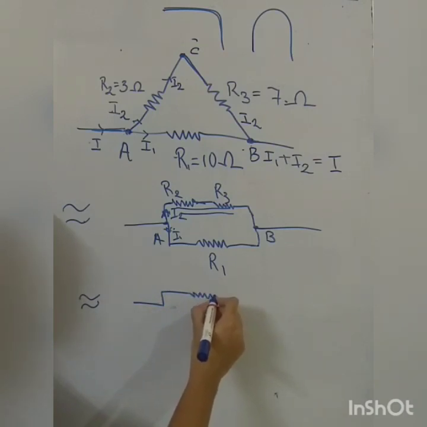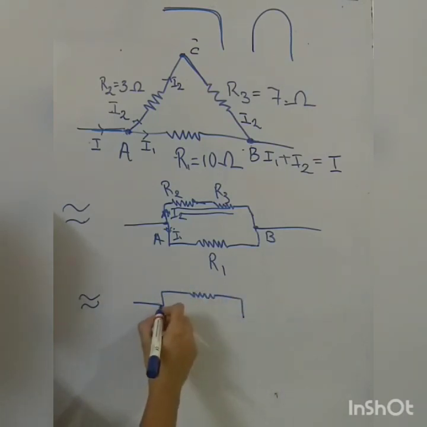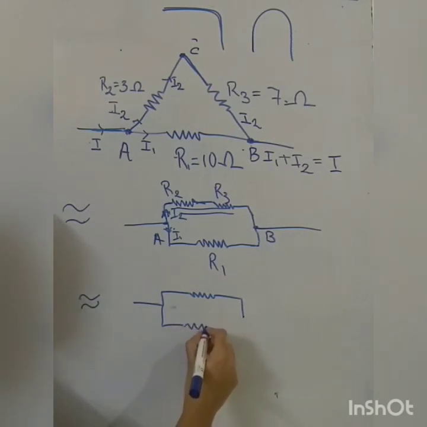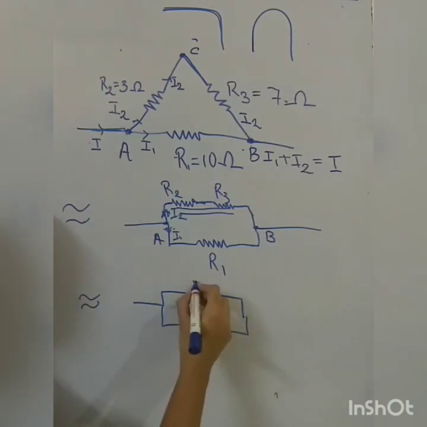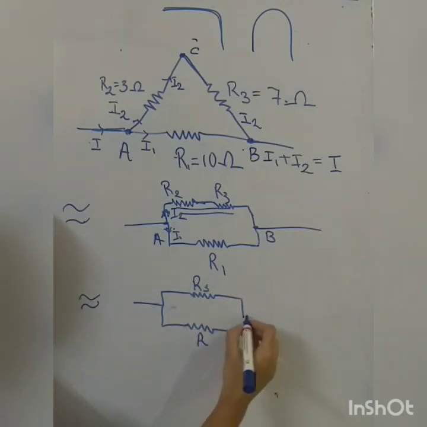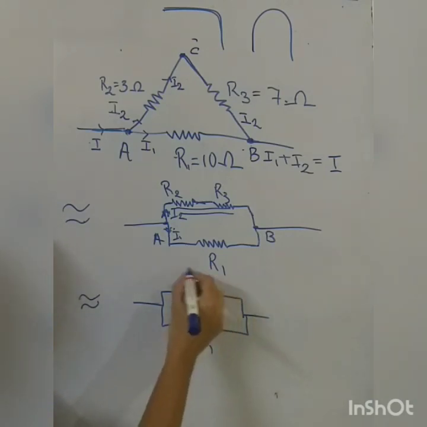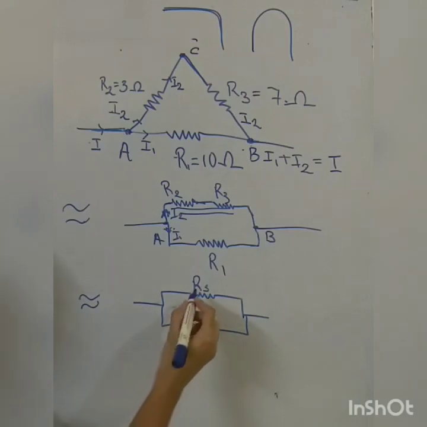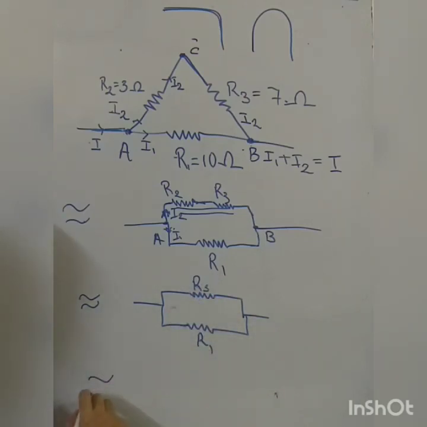Instead of R2 and R3, you are going to keep one single resistance that is in series. We'll name that RS. And this is your R1. So now this is a bit simplified circuit, or equivalent circuit, where RS and R1 are in parallel.